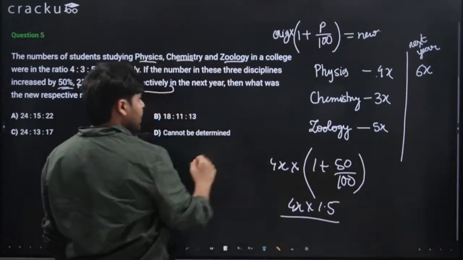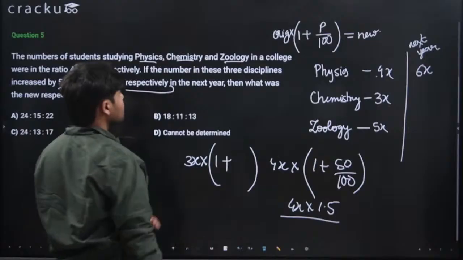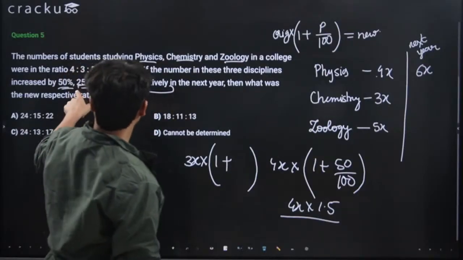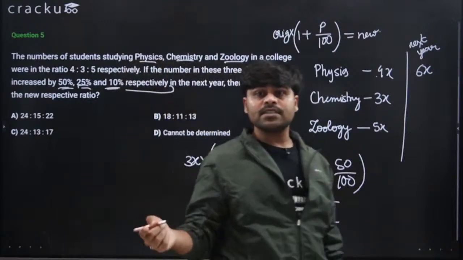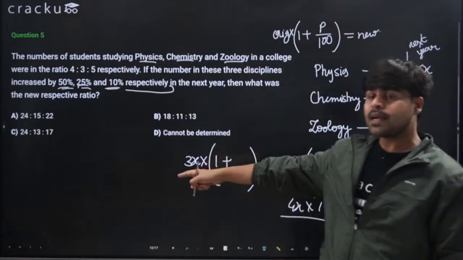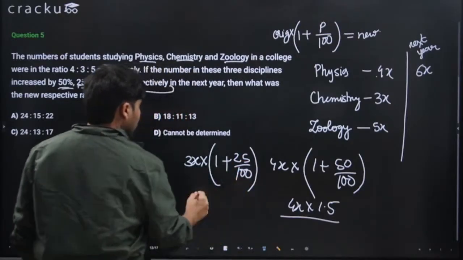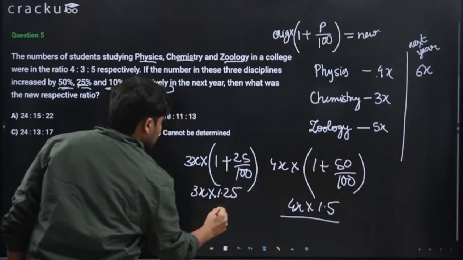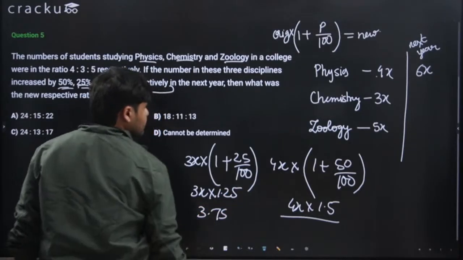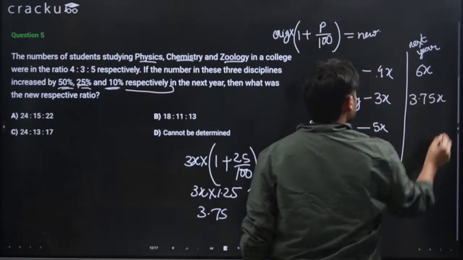Similarly, 3x will be multiplied by 1 plus what? Chemistry has increased by 25%. So we multiply by 1 plus 25 over 100, which is 1.25. So 3x multiplied by 1.25 is 3.75x. So the new quantity next year is 3.75x.